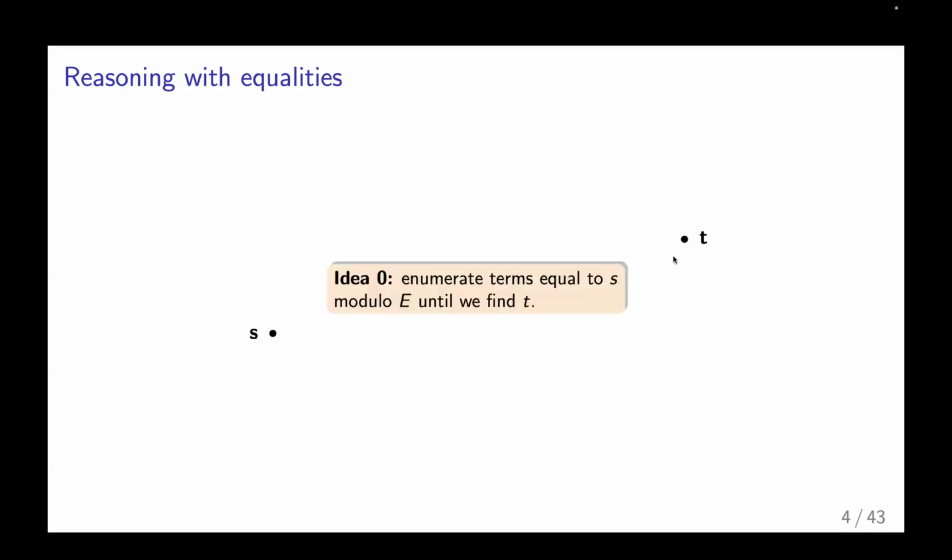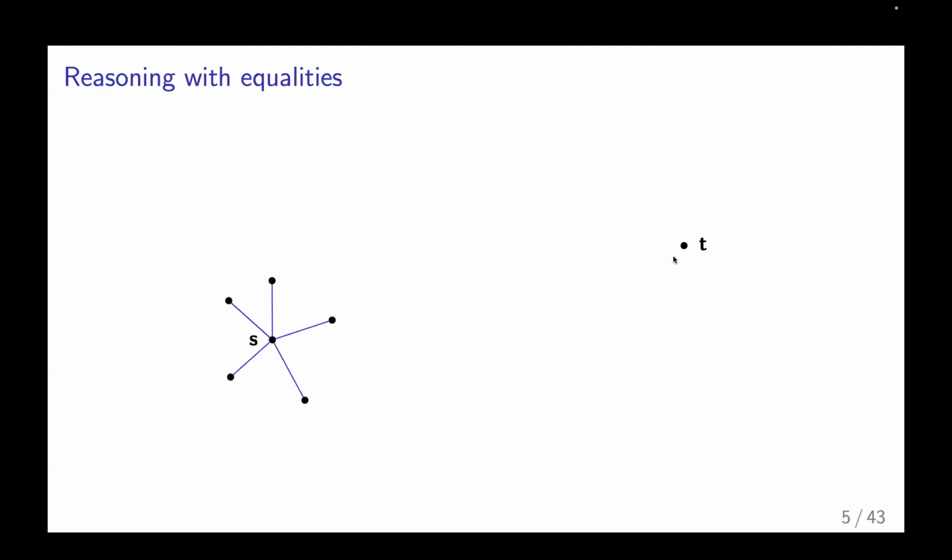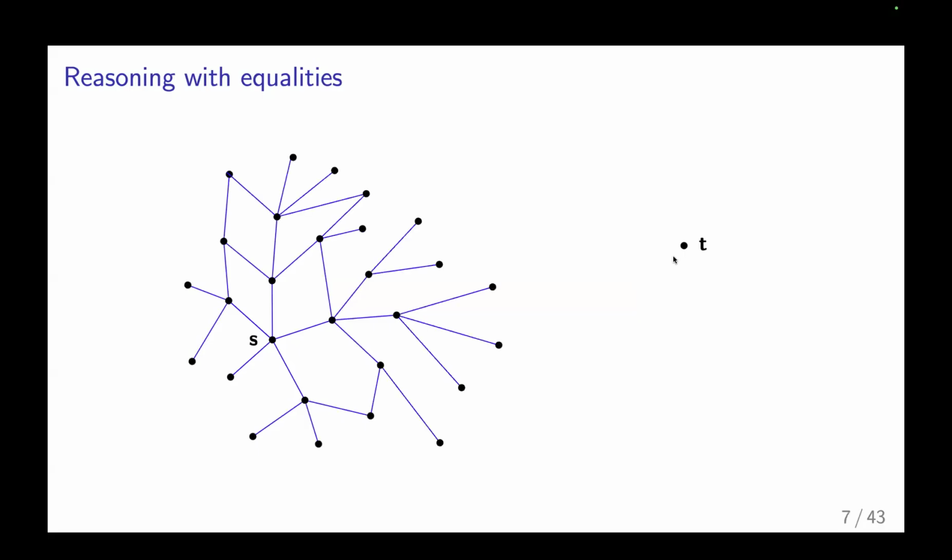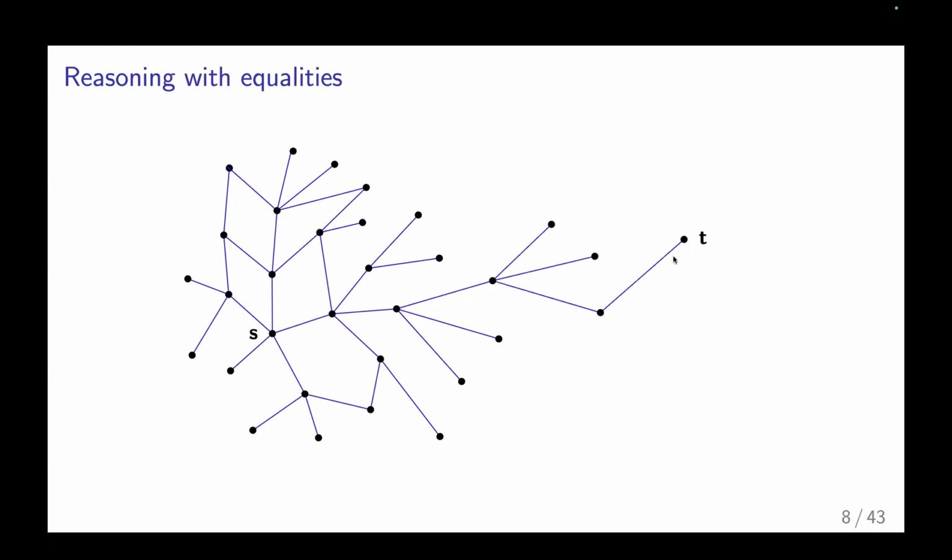So the idea zero, which is not a really bad idea, but we don't really use it in practice, is to just enumerate all terms that are equal to one of the terms until we find the other term, modulo this equational system. So what we do is start from one of the terms, let's say S, and just start enumerating terms that are in the vicinity of S, so to say, with respect to the equational theory. And we do this until we find T.